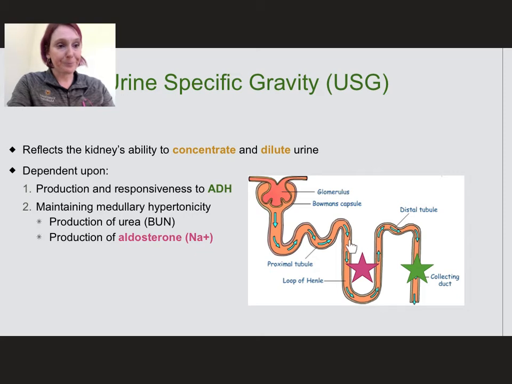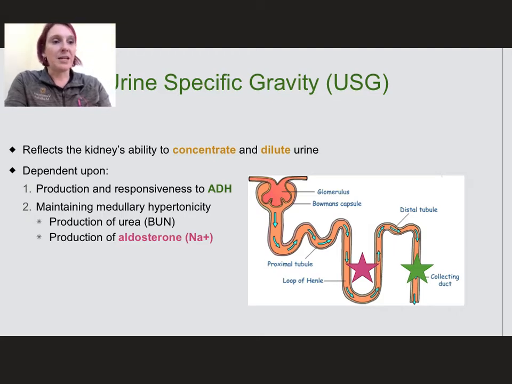We have this area here, which is our loop of Henle and the concentration gradient that develops here, that's dependent upon urea or BUN production. So we need a nice functioning liver to keep that up and going, as well as production of aldosterone, which helps us resorb sodium and keep that gradient nice and dense, so water will move in here and have some passive resorption there.